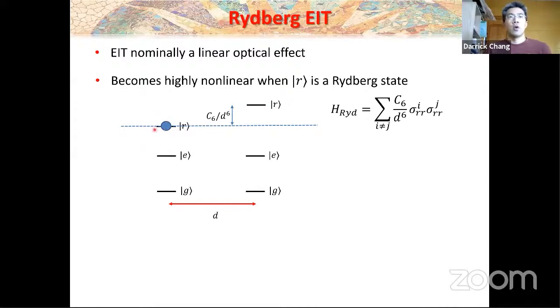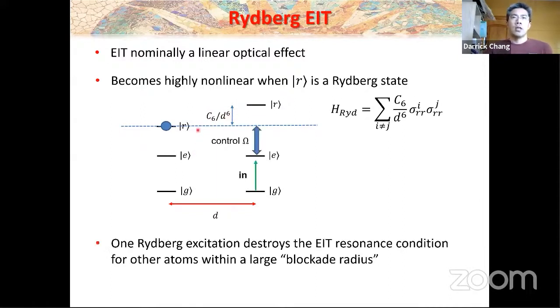So in particular, if I have one atom up in my Rydberg state, and I have another atom which is a distance d away, then the Rydberg level of this atom can experience a very strong energy shift by an amount that goes like some C6 coefficient divided by distance to the sixth power. What this means from the standpoint of EIT is that if I have one Rydberg excitation in my medium already, and d is small enough, then I can break the EIT resonance condition.